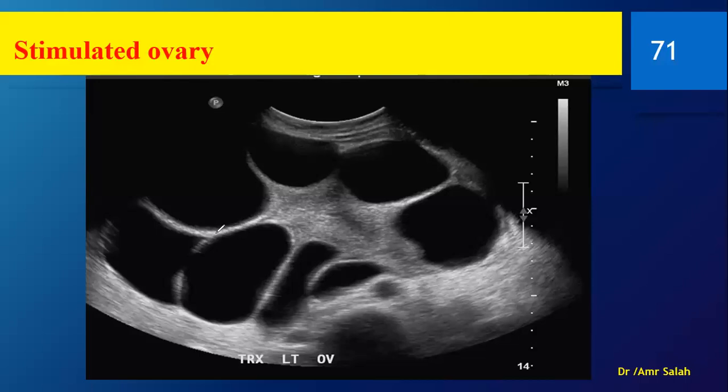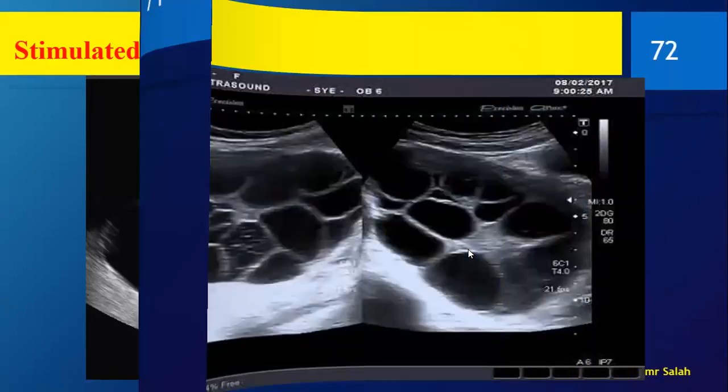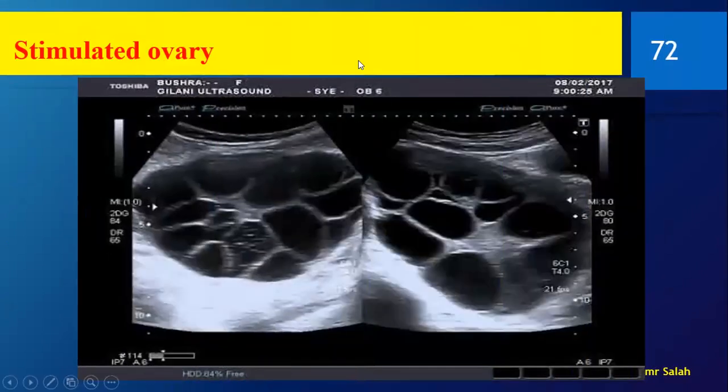So here we have an enlarged ovary, just like the PCO, but there are differences between the PCO and the stimulated ovary. Both have enlarged ovarian size.